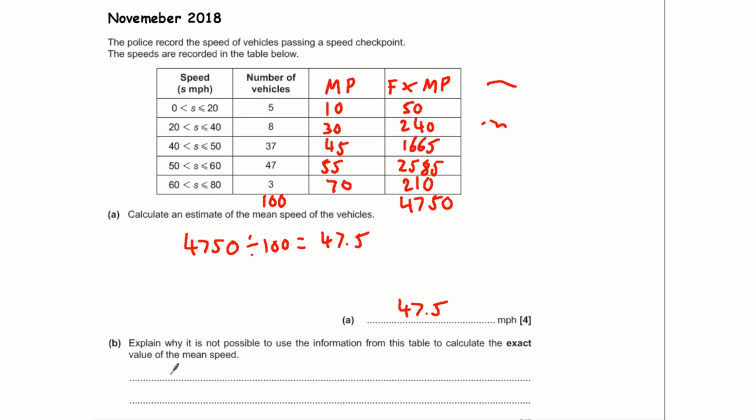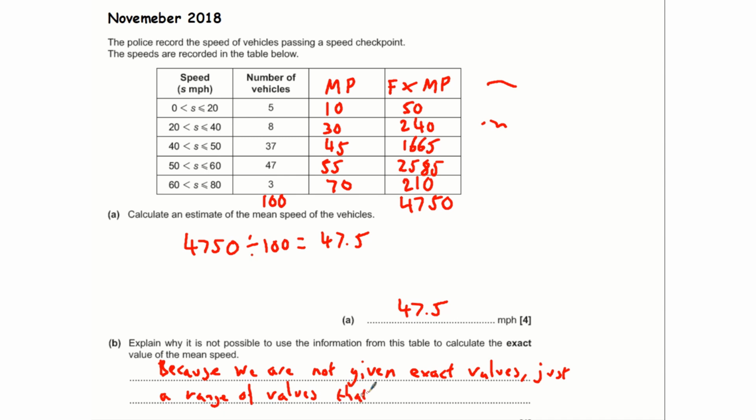So our answer to this would be: because we are not given exact values, just a range of values that each car was travelling at.